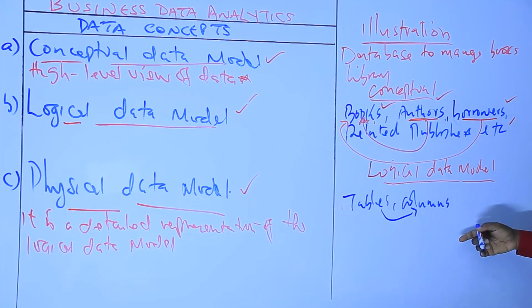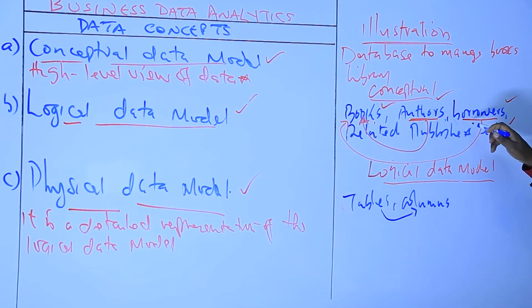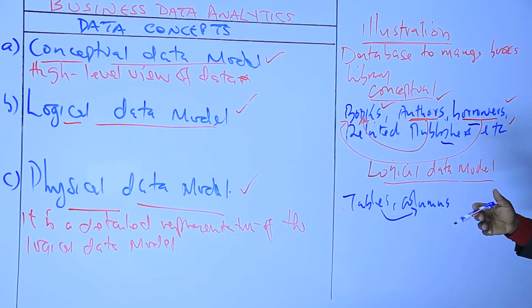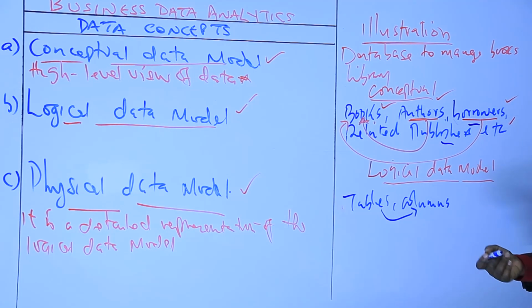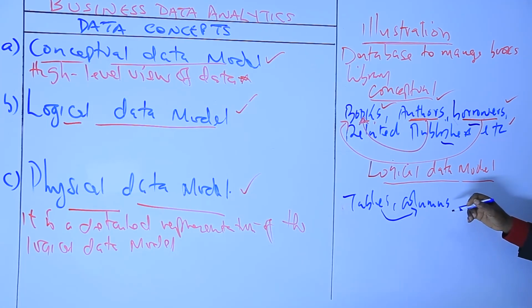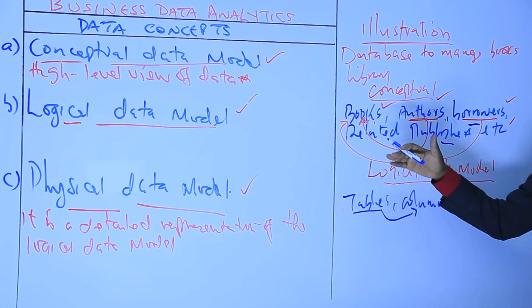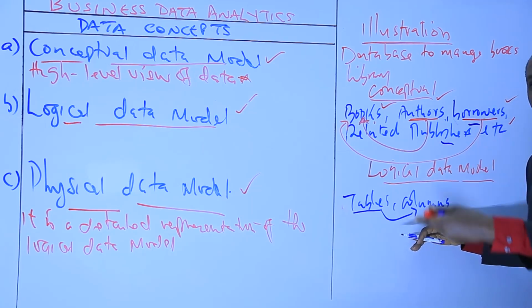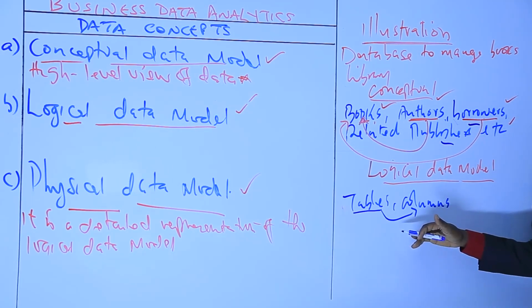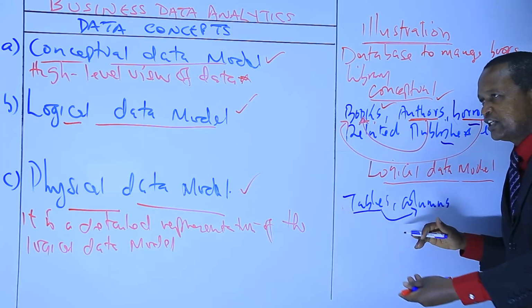So the logical data model, candidates, might include tables such as the tables containing books, all right? The tables of authors, the tables of borrowers, the tables of related publishers, and so on. And the books table, for example, the table that contains books may have columns such as the book identification numbers.